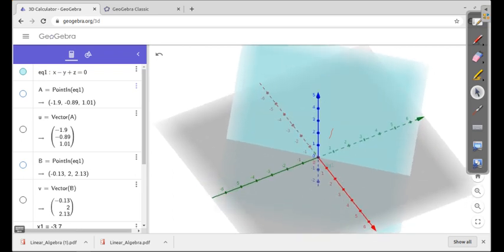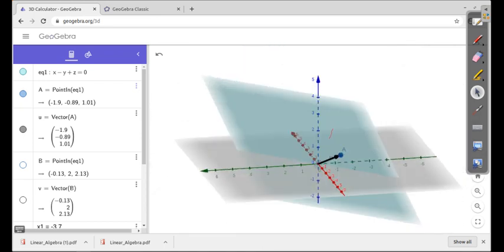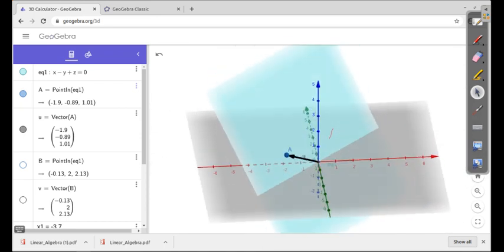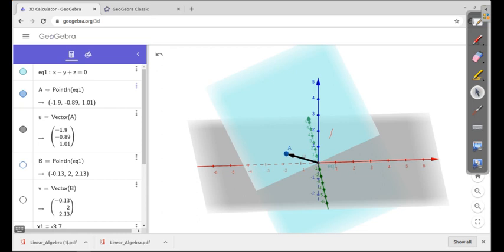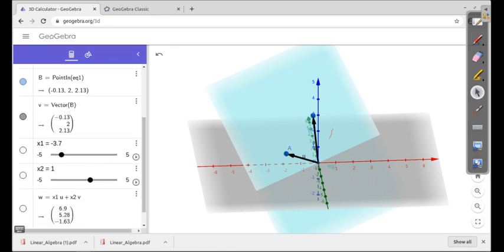Now I am taking a point A in the space, vector A. You can see the vector A is in the plane itself, not outside the plane. And I am taking another random point B, vector V, that is also in the plane itself.